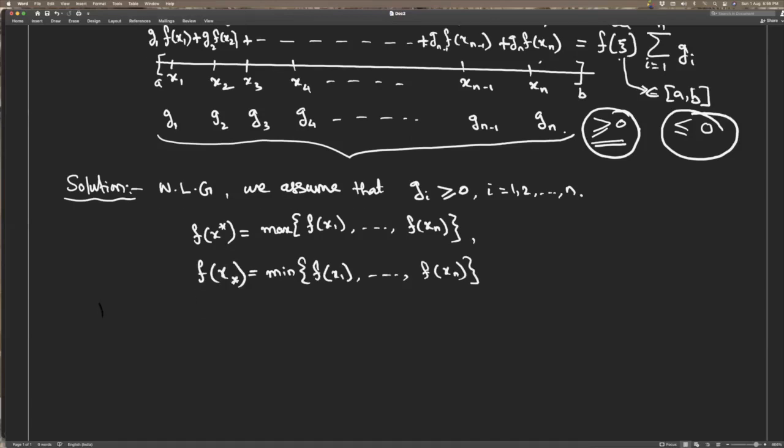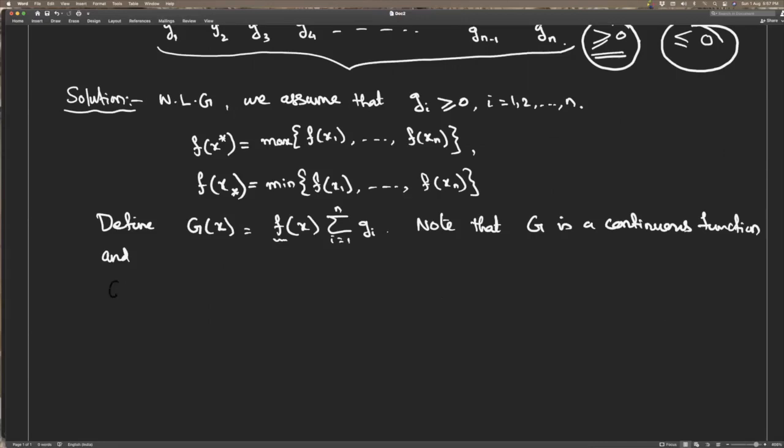Now you define a new function g of x as f of x into summation i equal to 1 to n gi. Now, since it is given that f is continuous, you can see that g is a continuous function, and moreover, we can see that g of x superstar is equal to f of x superstar into summation i equal to 1 to n gi.